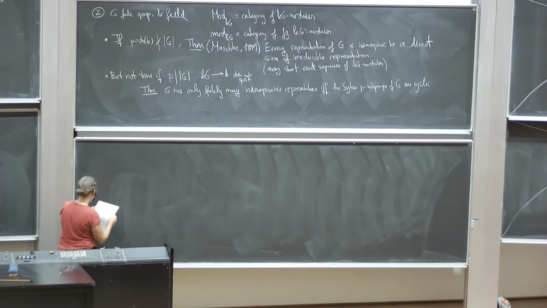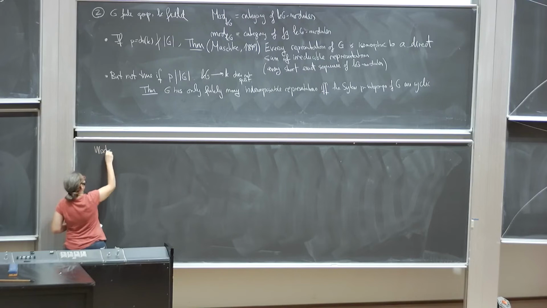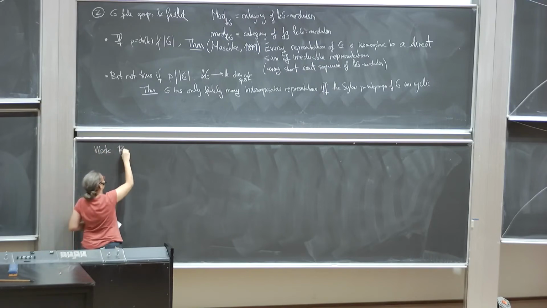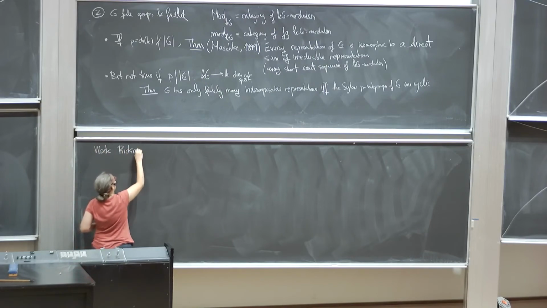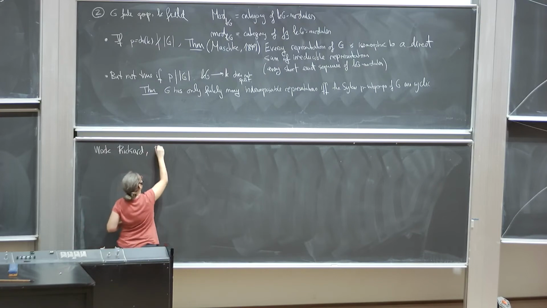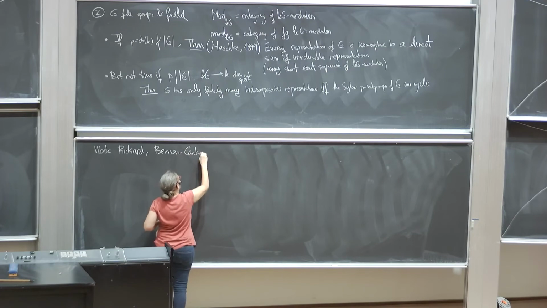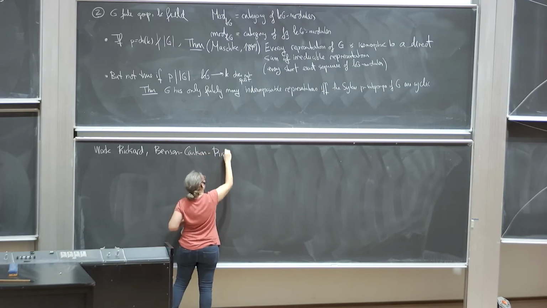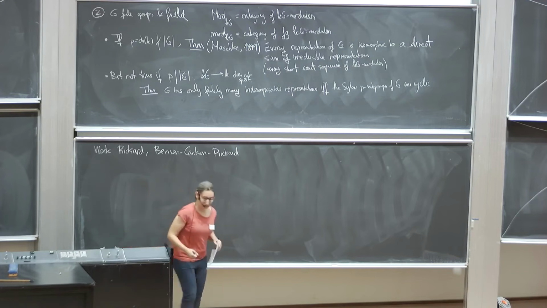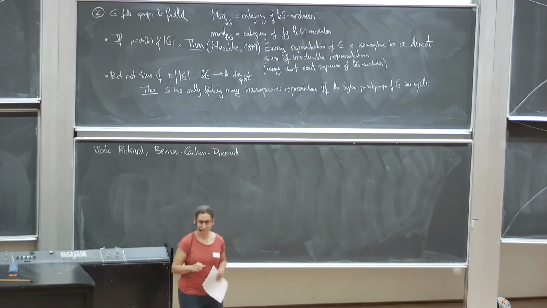And that was done by several authors. What I'm going to mention is basically the work of Jeremy Rickard and Benson, Carlson, Rickard. And we are going to construct the stable module category.